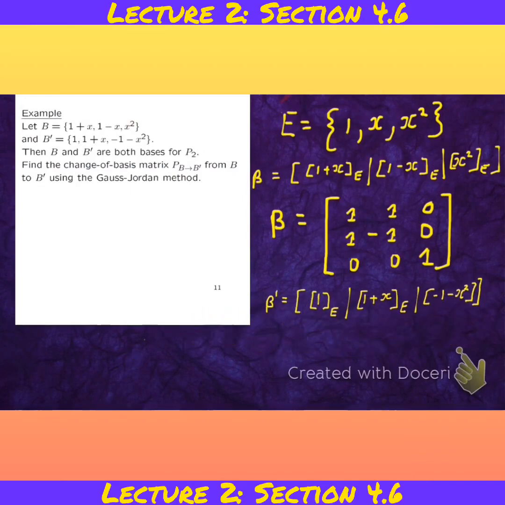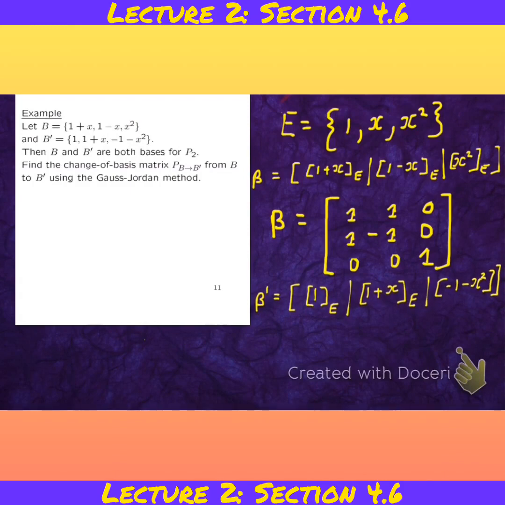Next, for the second basis, B prime, that's the matrix that we want. So we write 1 as a linear combination of the standard basis, 1 plus x is a linear combination of the standard basis, and minus 1 minus x plus x squared is a linear combination of the standard basis.